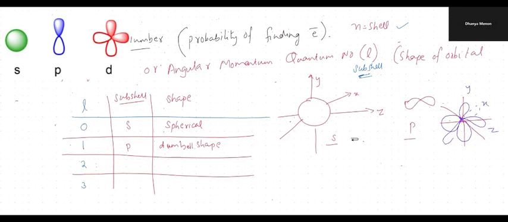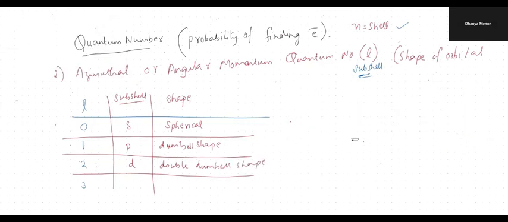Now, coming to the next one, the d orbital, or the d subshell, sorry. It has a double dumbbell shape. Then the f subshell. Now, the f subshell has a complicated shape. It has an 8-fold structure as shown in the picture.